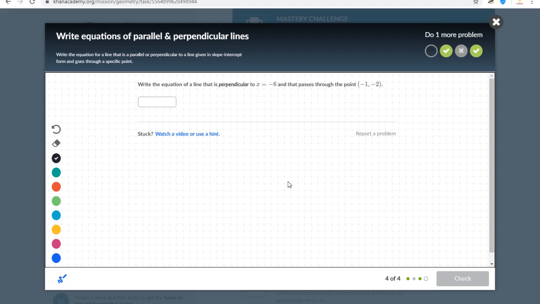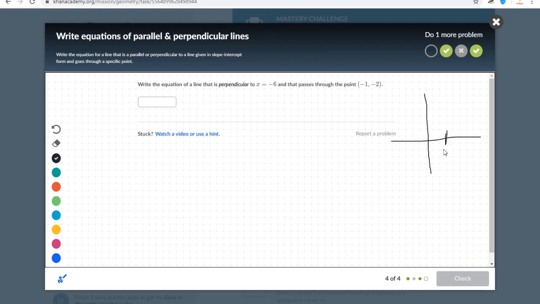Alright, so we got writing an equation of a line that is perpendicular to x equals negative 6 and passes through the point negative 1, negative 2. Being perpendicular means they need to have reciprocal slopes, but also we know that x equals a number on a number line.